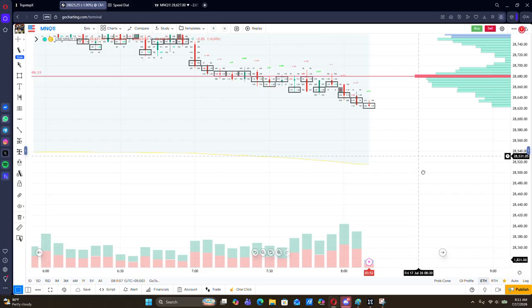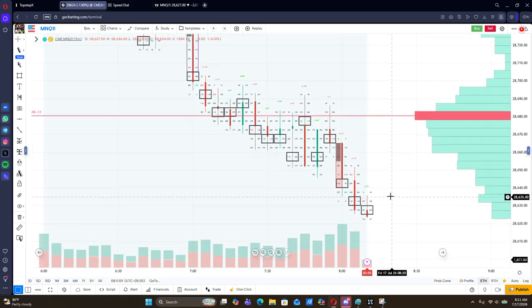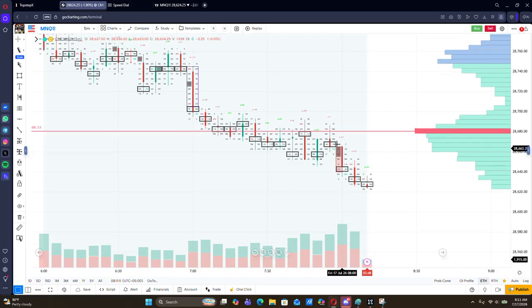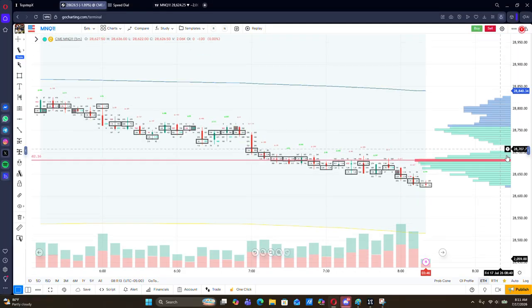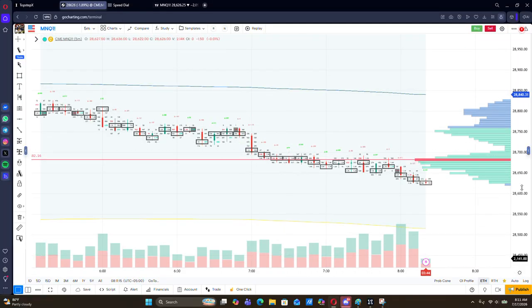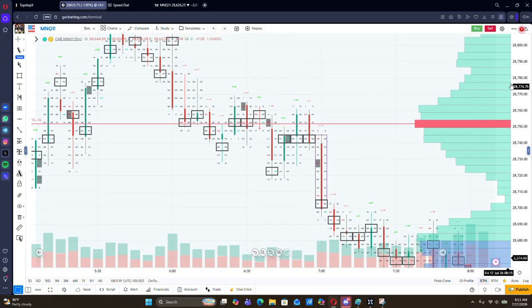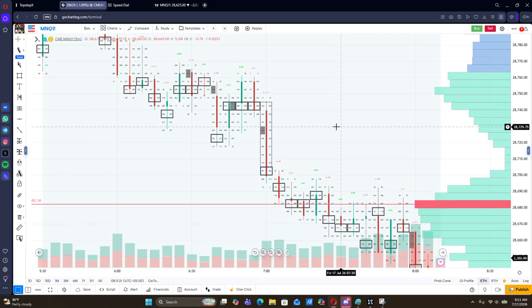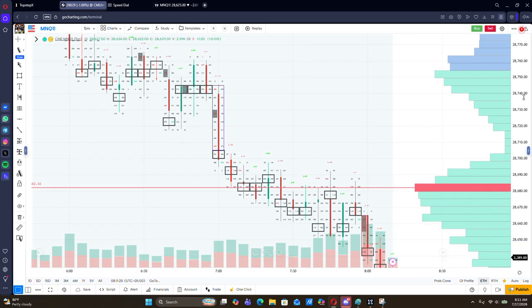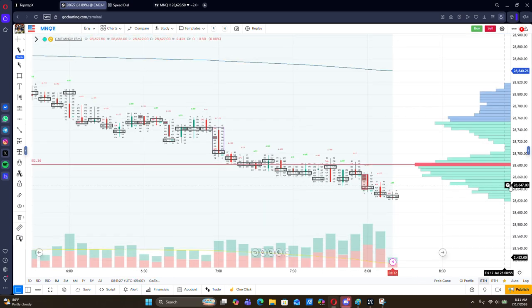When you stretch the chart, the imbalances move. They'll disappear, they'll go away, they'll shift. So with this software, it's very important that I have the same scale and zoom level every day.